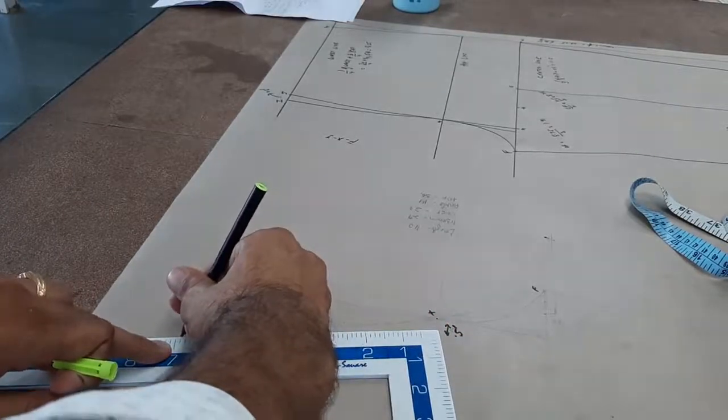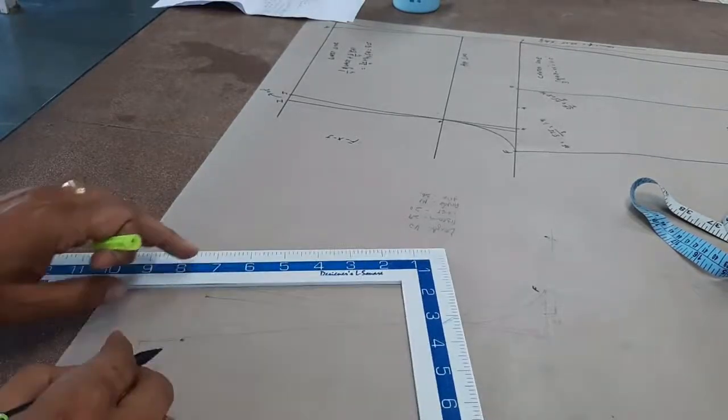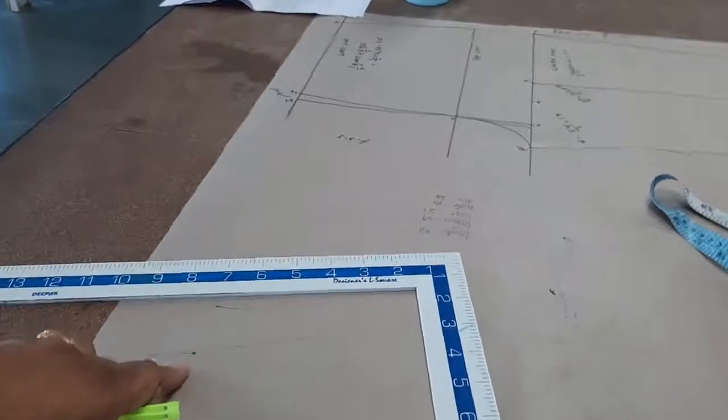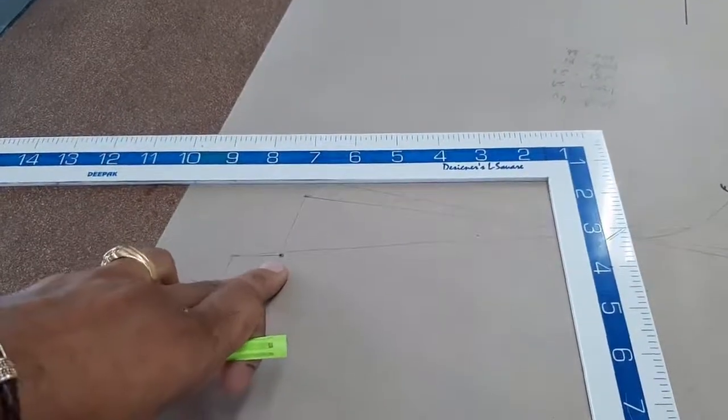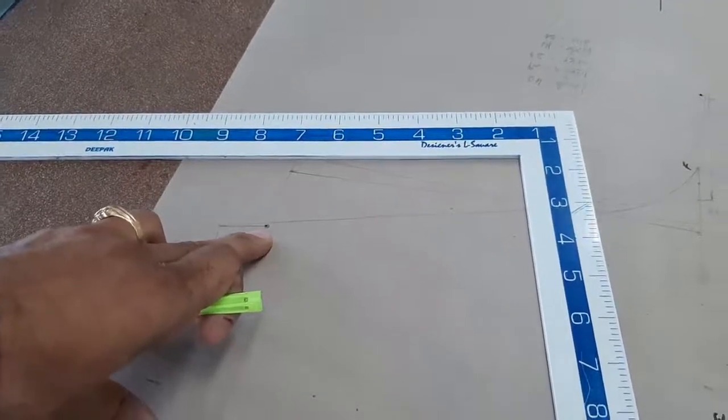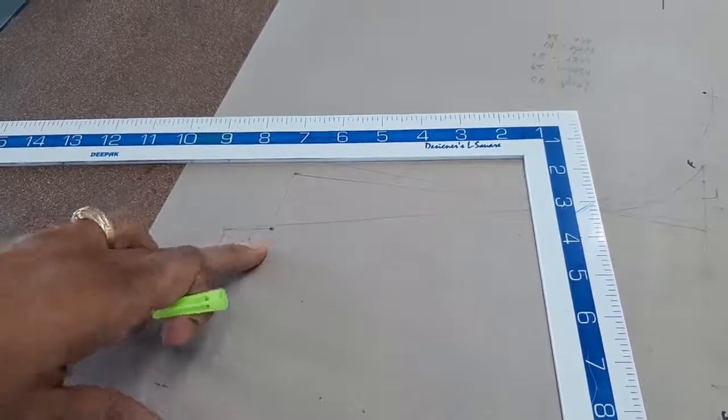So simply, you can see we have marked a point here with the help of this L shape.